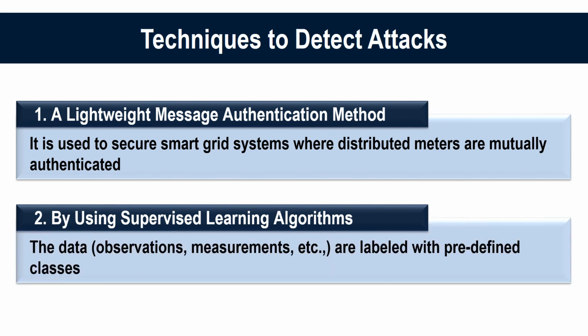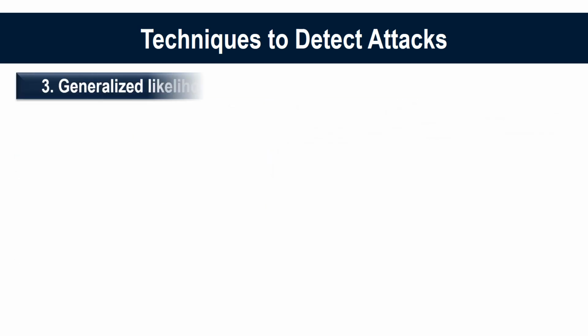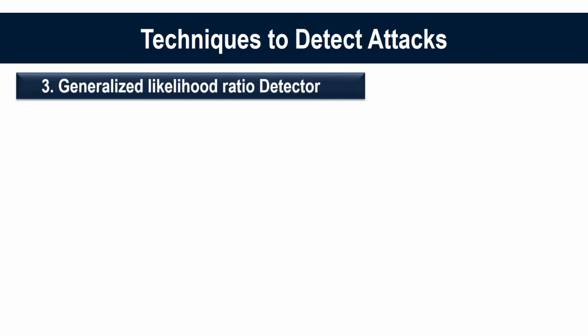So if the data we are getting is supervised and monitored, and spurious data comes in, those deviations can be sensed by a learning algorithm.